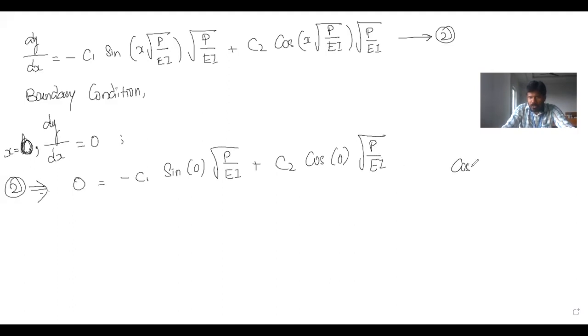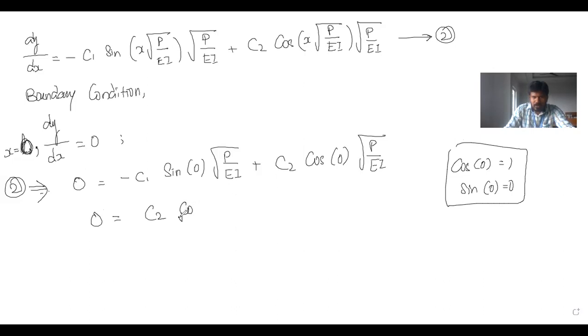Since cos 0 is 1 and sin 0 is 0, we get 0 is equal to C2 into root under P by EI.